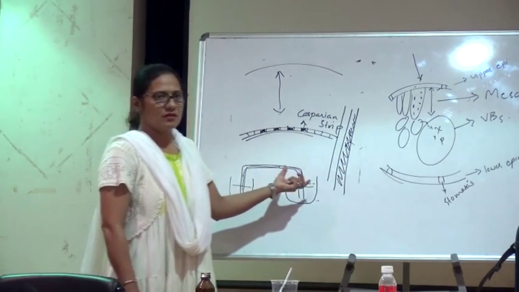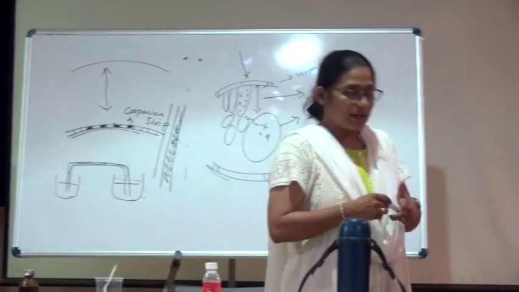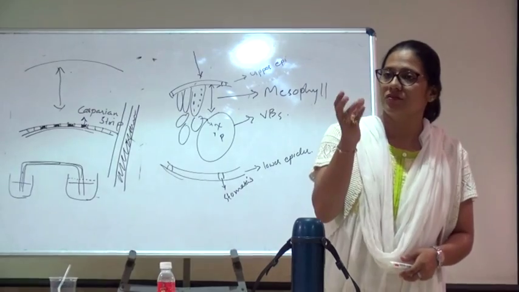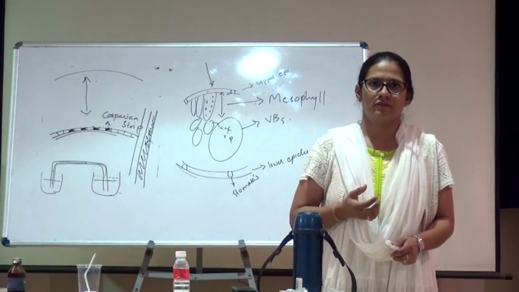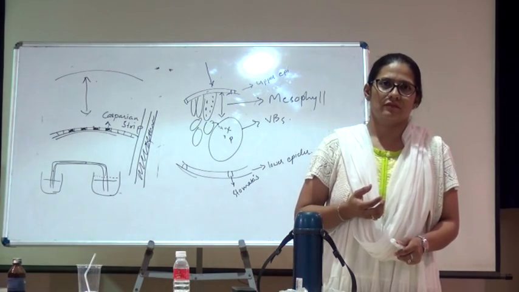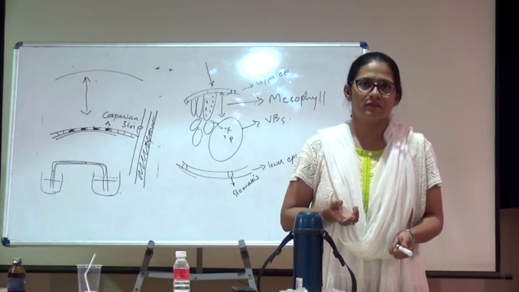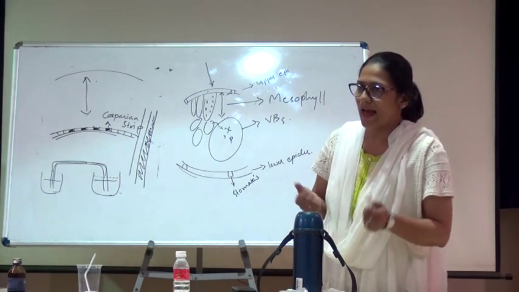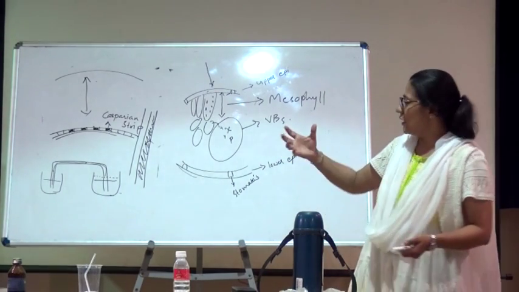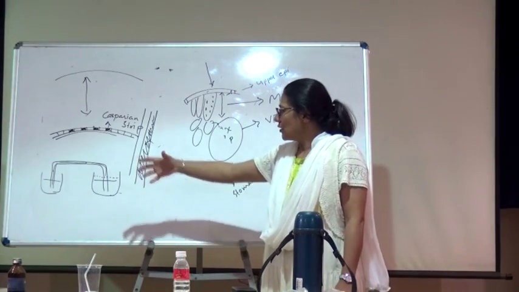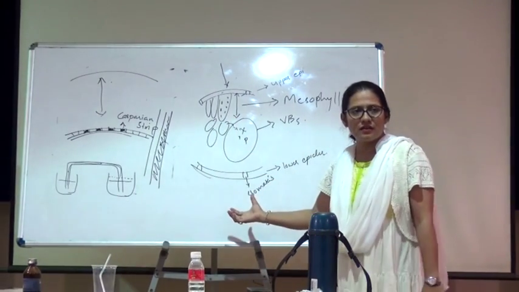This is what is actually happening over here also, the same phenomenon: the cells which are producing the sugar have a higher concentration, and because of that the source has more concentration than the sink.